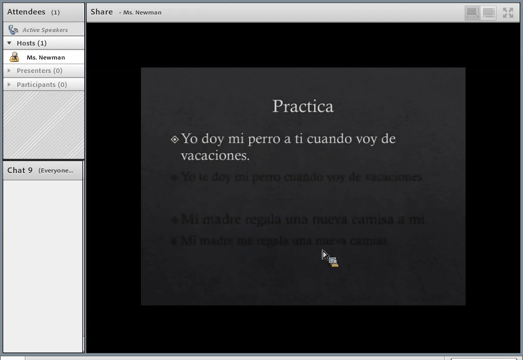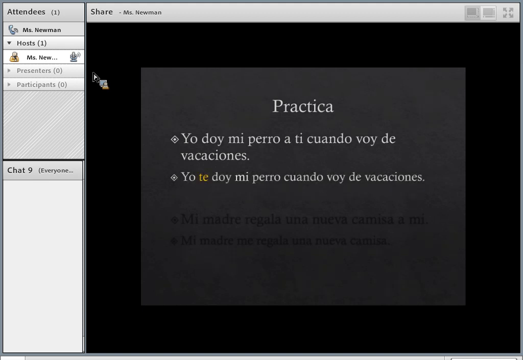Try another one. Yo doy mi perro a ti cuando voy de vacaciones. Okay, let's think about this. I give my dog, so dog is going to be the direct object. I give my dog to you, a ti, cuando voy de vacaciones. I give my dog to you when I go on vacation. So who I give it to, you. So te.